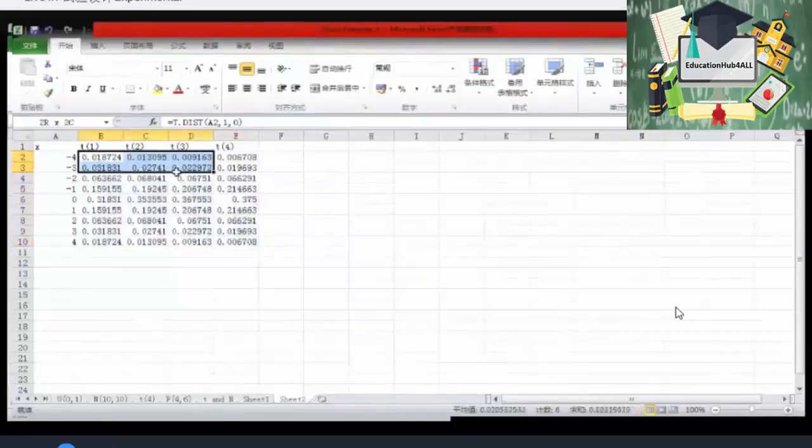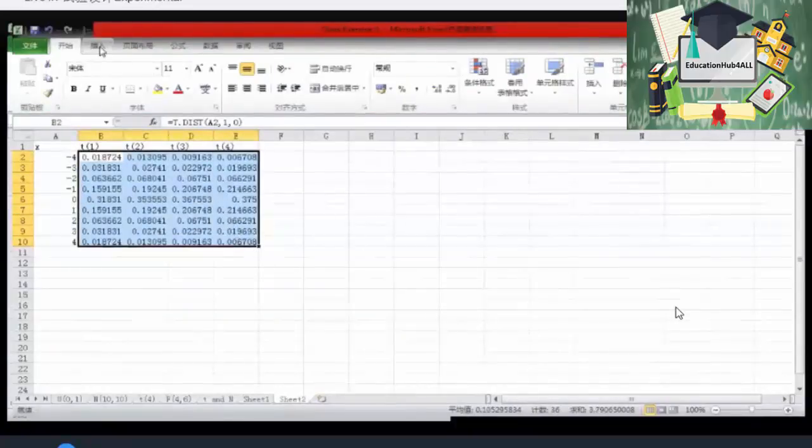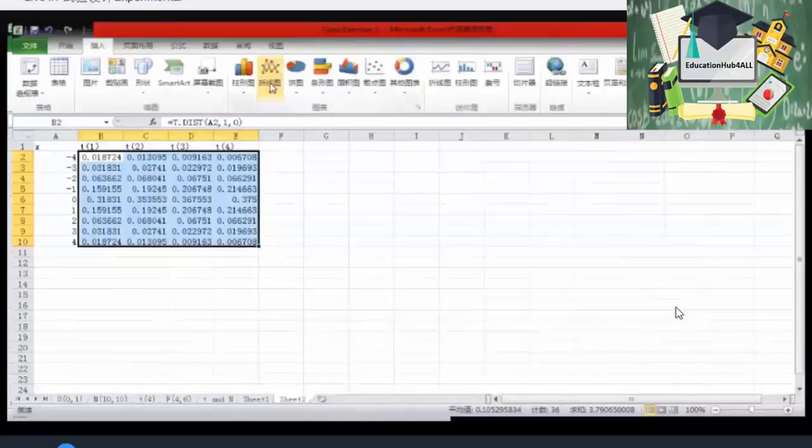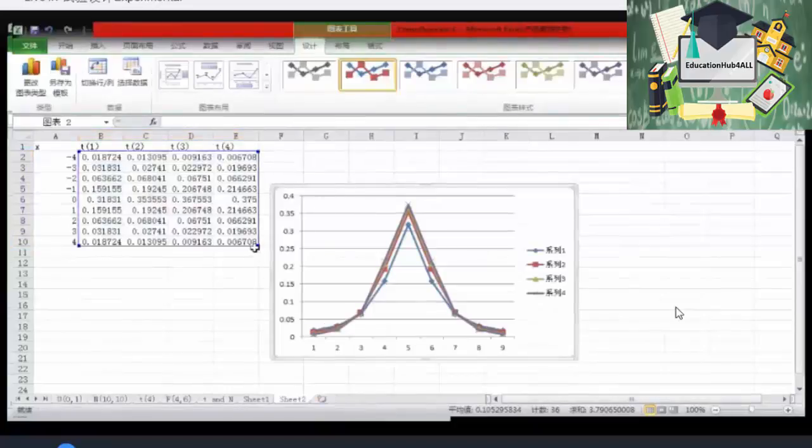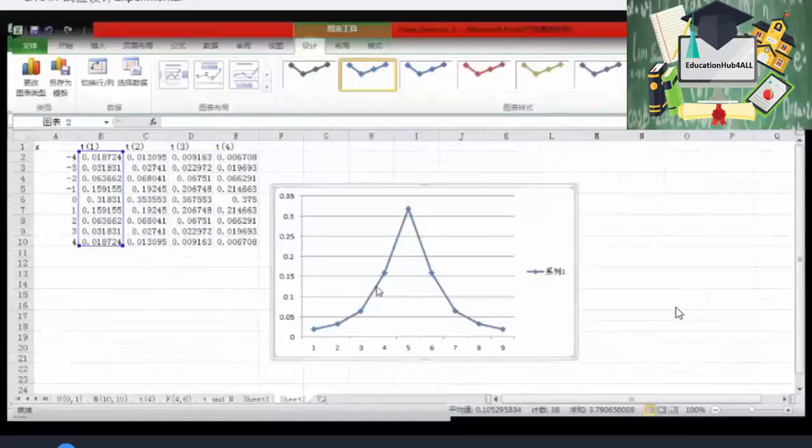Do you have the data? Do you have the insert? You select the graph you want to draw. Okay, how to make it smooth? Let's only select one column. You click the line.